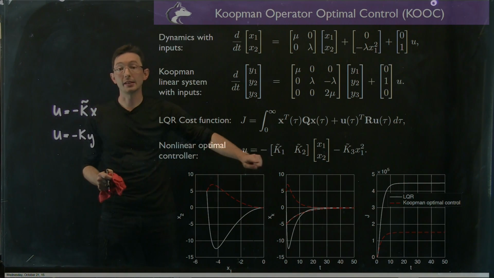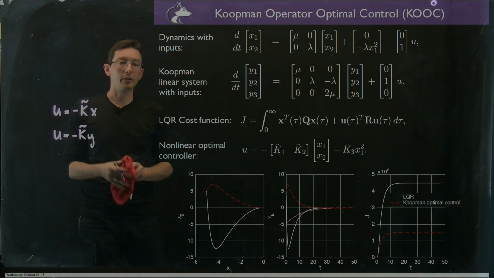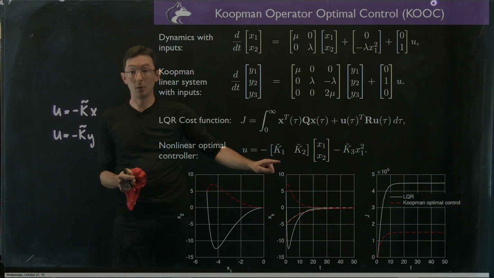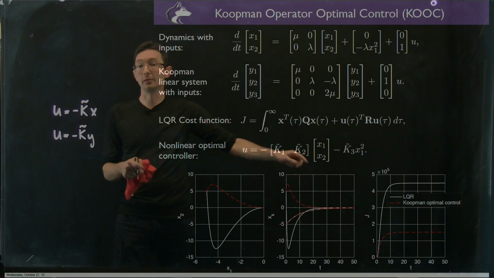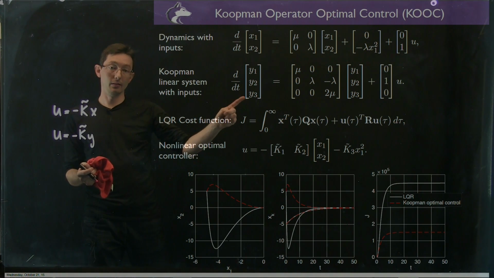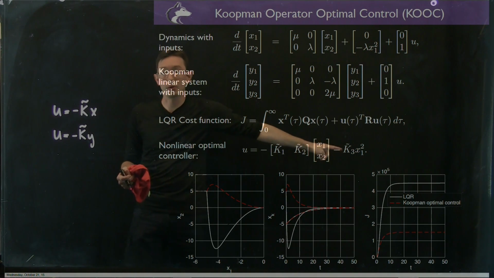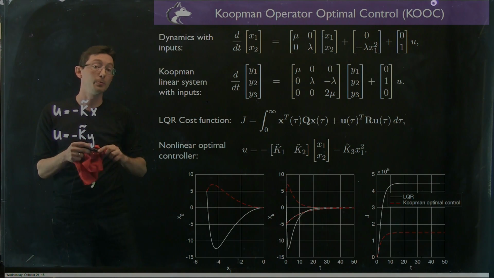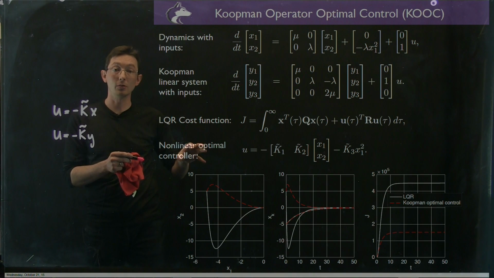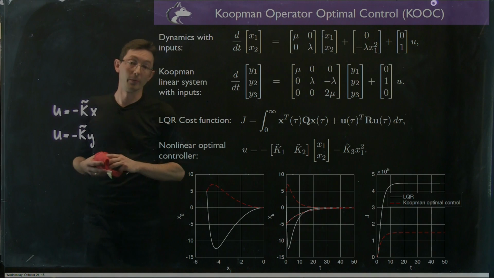And when I actually write this down, my nonlinear optimal controller has linear terms, K1 times x1, K2 times x2, like we expect with LQR. But because my third observable is nonlinear in x, my third term of my controller is nonlinear. So this is super cool. I get a nonlinear optimal controller using this linear Koopman framework.